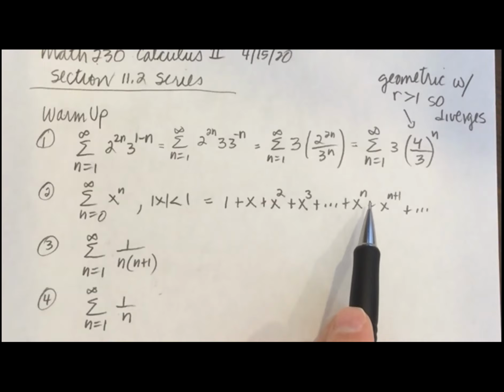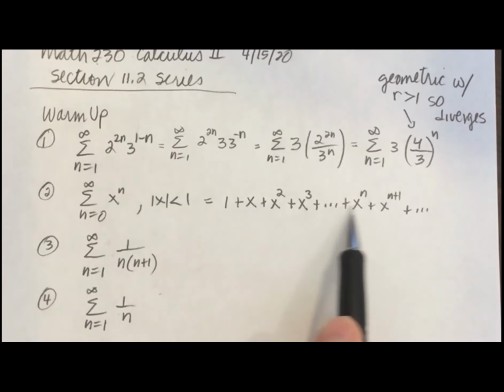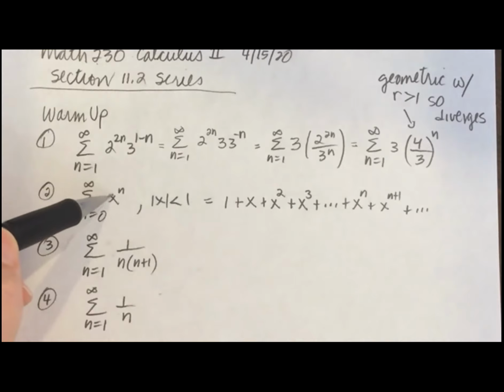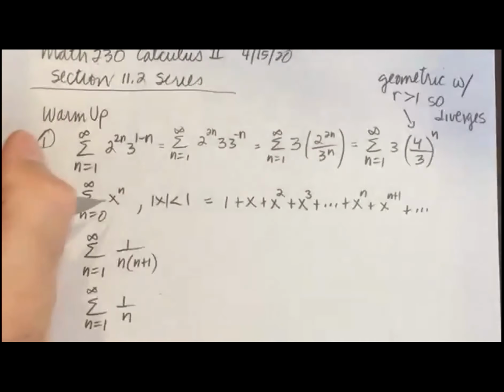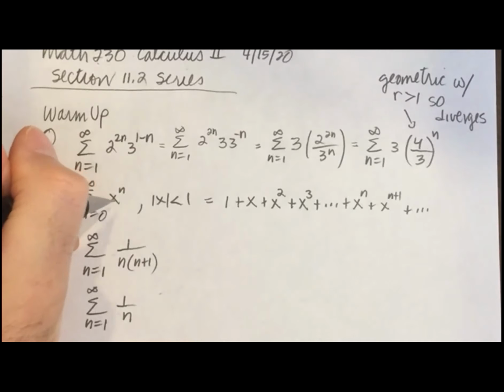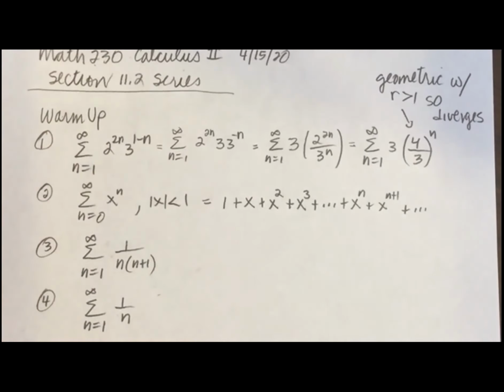And so what would this be? Well, it would be a geometric series, because if I put in a half here, I have a half to a power, which is the same as up here when I had the 4/3 to a power.